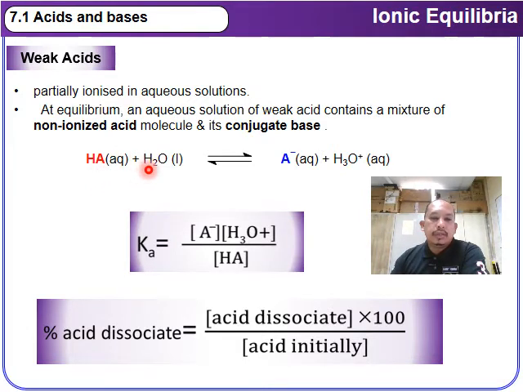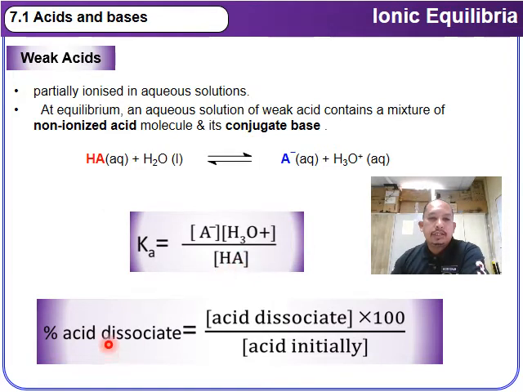When it reacts with water, H2O, it forms A- aqueous and H3O+ ion. The Ka value is the concentration of the products, A- ion times the concentration of H3O+ ion, divided by the concentration of HA, the weak acid.